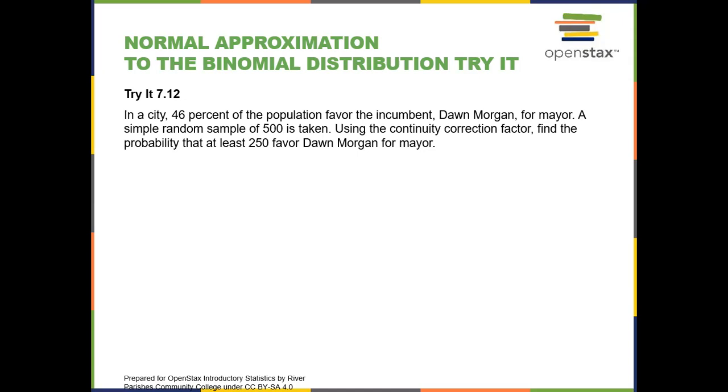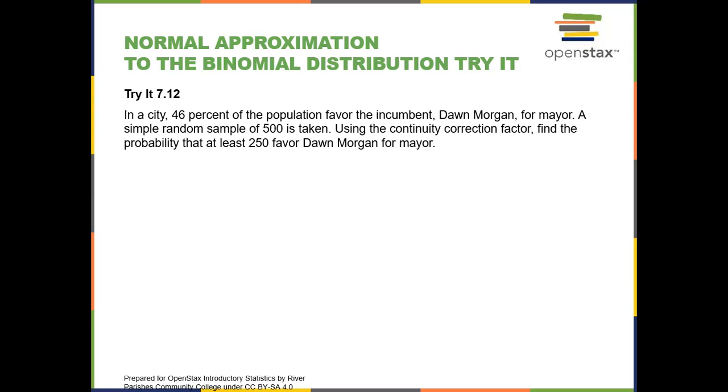Inside the square root, n is 500 times p, 0.46, then left parenthesis, no multiplication sign here, 1 minus 0.46, right parenthesis, and hit enter. So the standard deviation is 11.14.